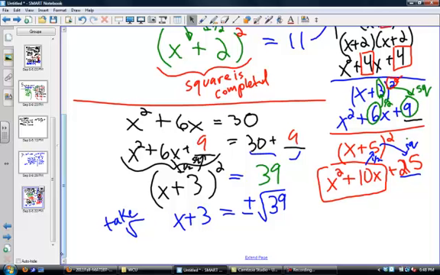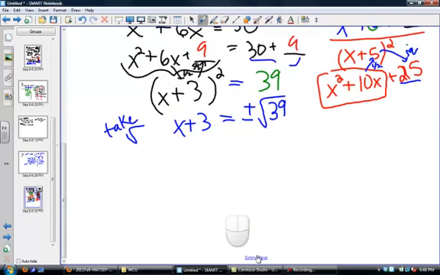You just take away 3 and be done? Yes. Take away 3, and the answer is x equals negative 3 plus or minus root 39. Done.